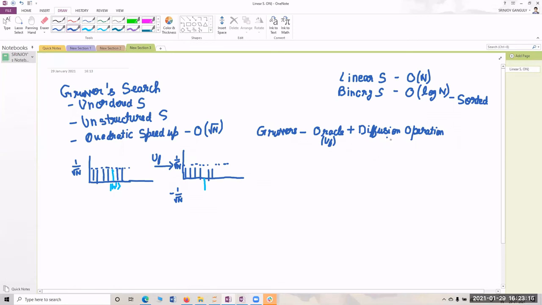So let's denote this as U of psi. If you apply U of psi to this, you will see that this is being amplified twice, and the other ones will become shorter. So now it happens like this.